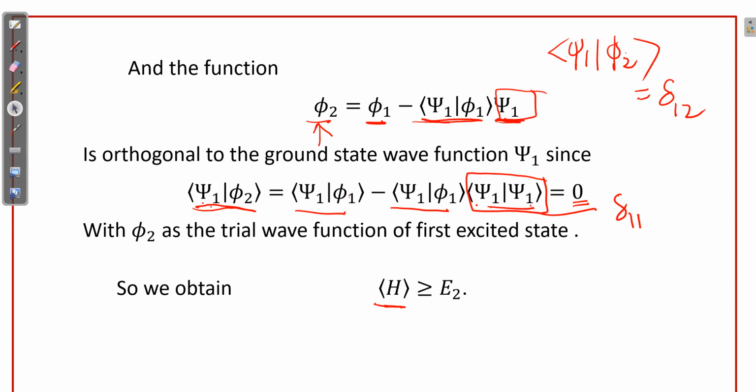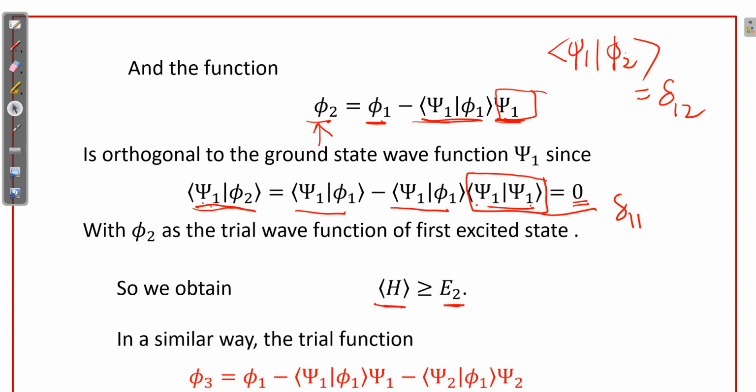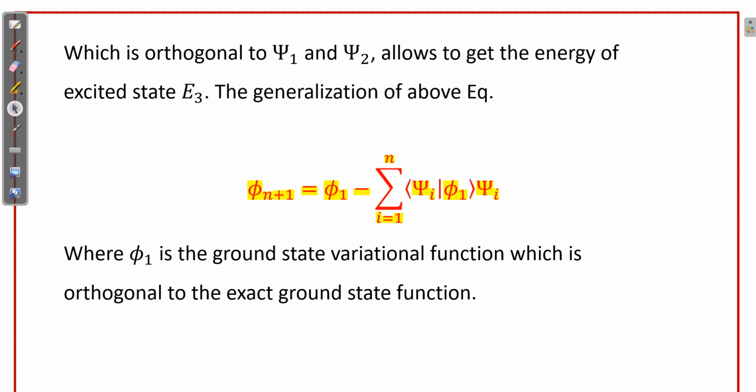In a similar way, the trial wave function of the second excited state is given by this, which is orthogonal to the exact wave function of the first excited state and the exact wave function of the ground state.